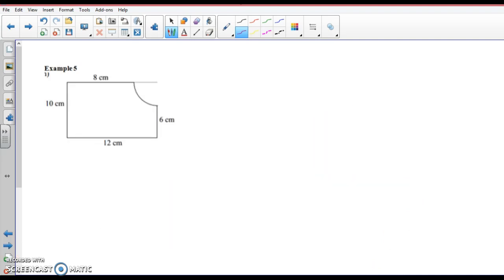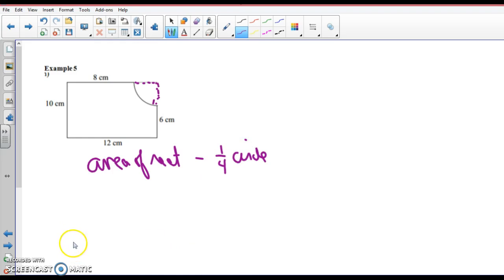I like this one. This little part in the corner here, isn't that a quarter of a circle? Oh, that's a quarter of a circle. So I'm going to find the area of the rectangle and subtract out 1/4 of a circle. So area of a rectangle, length times width. Our length and our width of the rectangle are 10 times 12, 120. Minus, let's take a look at this circle. This side is 12.